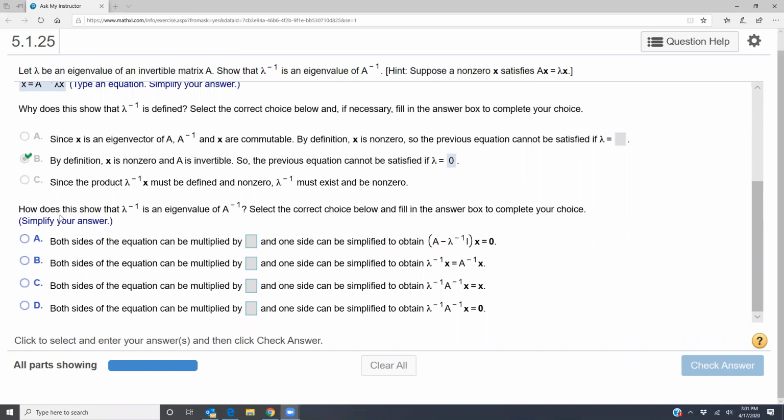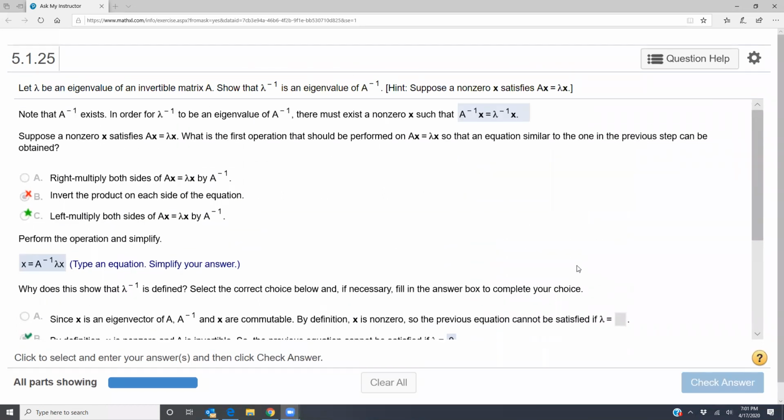Okay, last question. How does this show that lambda inverse is an eigenvalue of A inverse? Select the correct choice and fill in the answer to complete. So let's think about where we're trying to get to. Let's scroll up. We're trying to get to something like this, A inverse x equals lambda inverse, or I'm sorry, lambda to the negative 1 x.